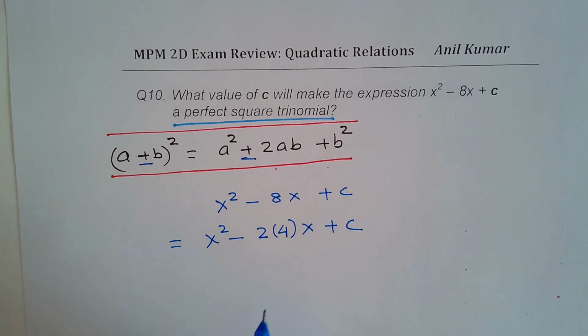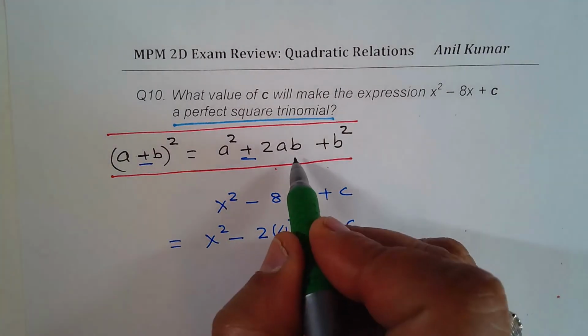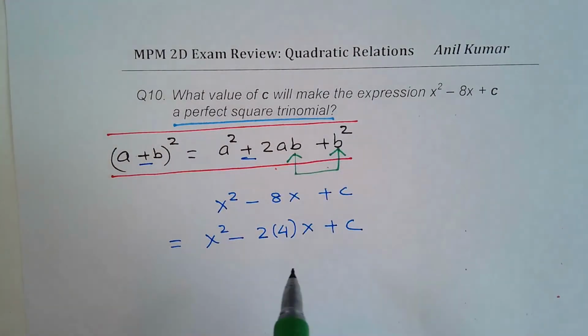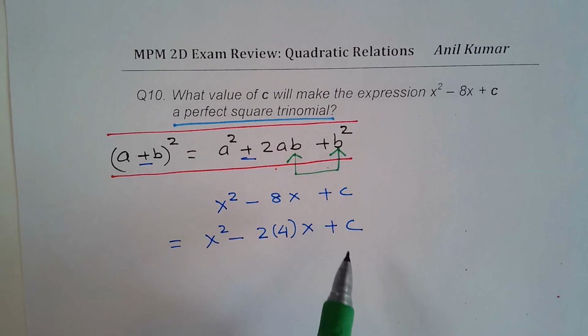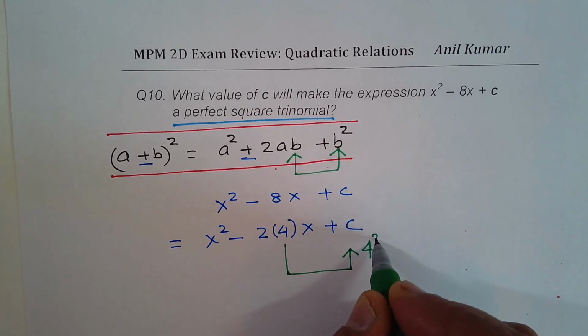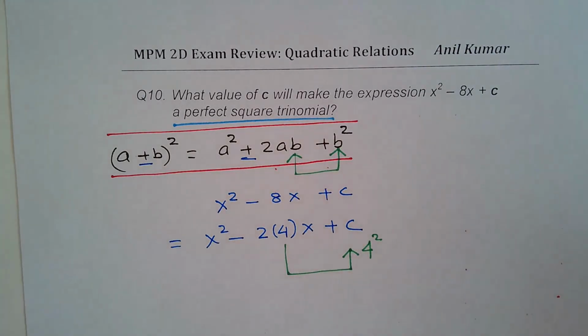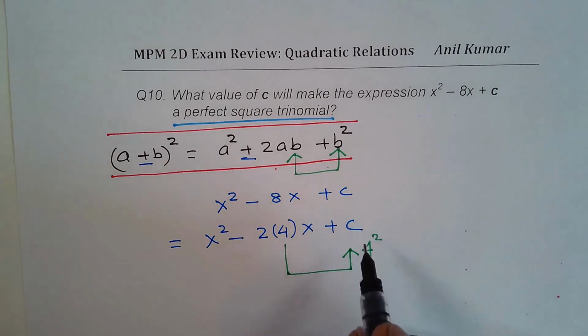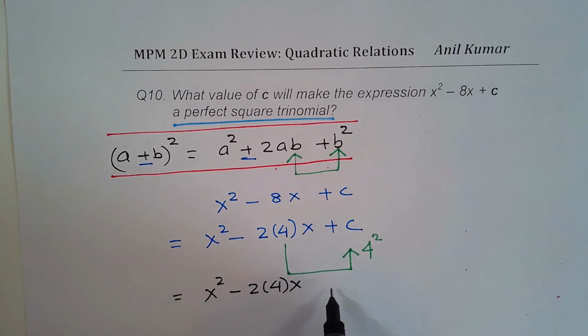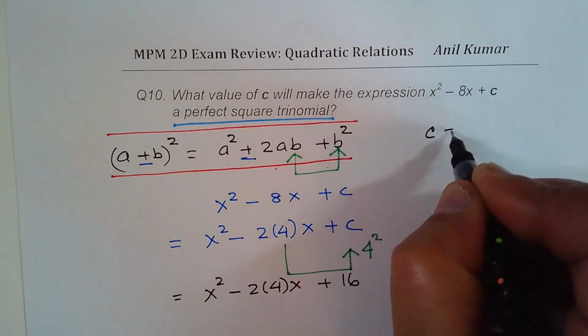Now if you compare with the expression, what is the relation between b and the constant? The constant is b squared. So we'll square 4 and write it down there. Effectively c should be 4 squared. So we get x squared minus 2 times 4x plus 16, and therefore clearly c equals 16. You get an idea, right?